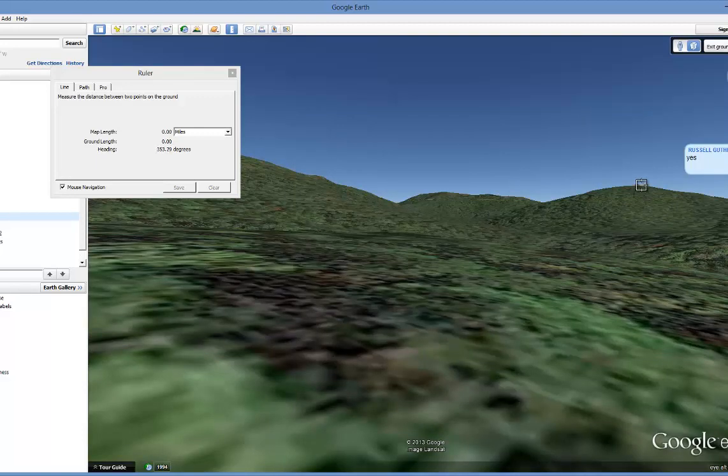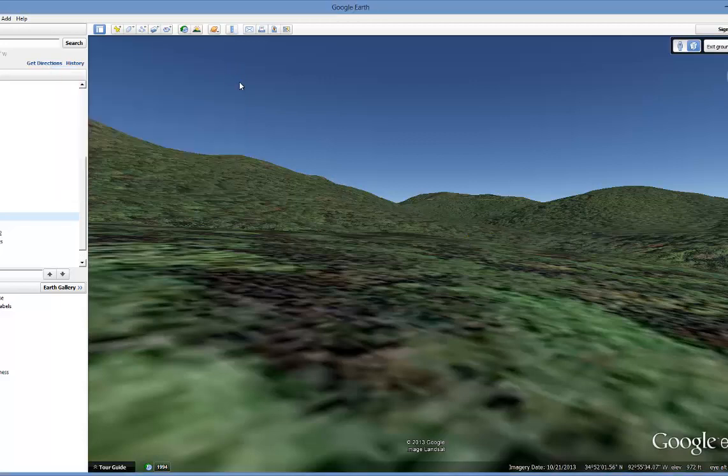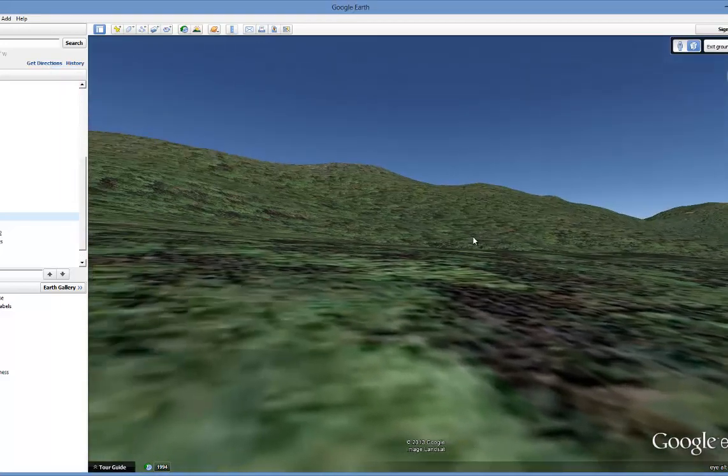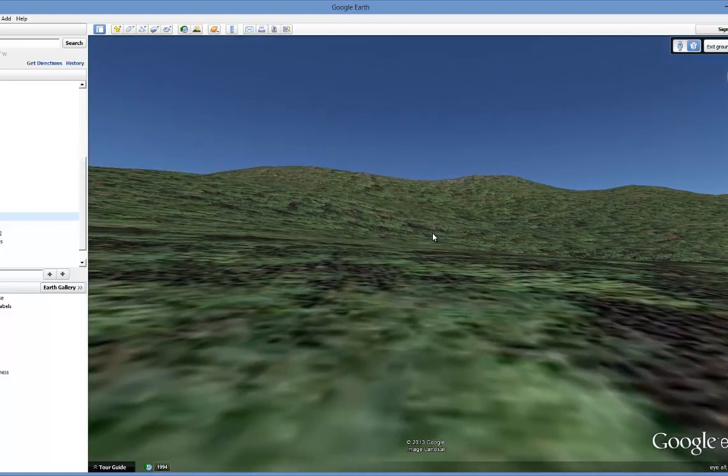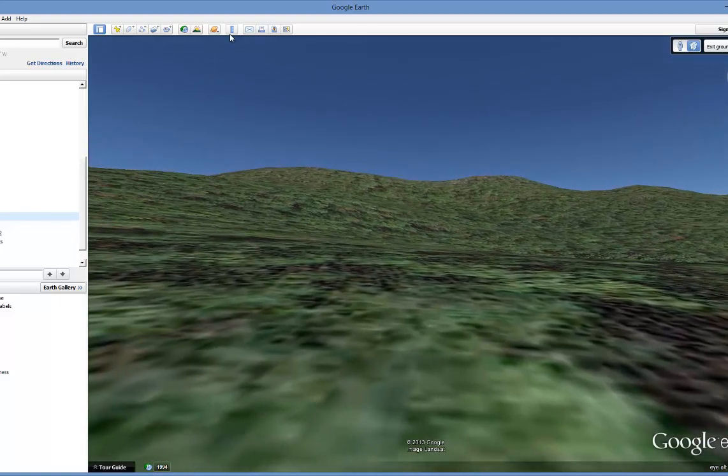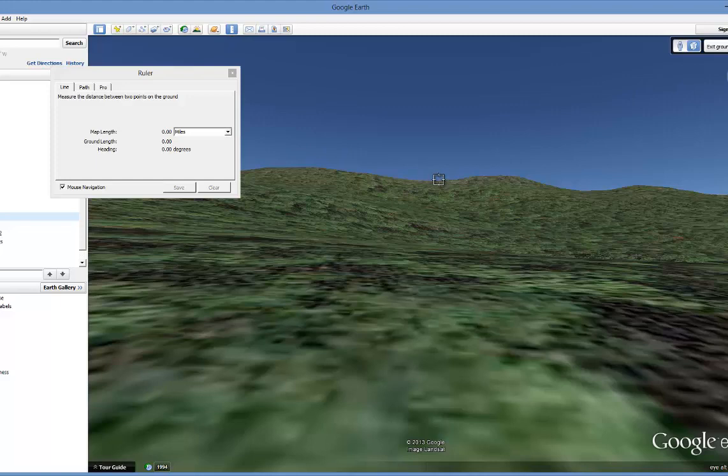Let me click. I don't know if I can. I guess I can't do this in ground view. Oh yeah, I can. I guess I'm clicking, I don't know what I'm clicking. I'm trying to measure how tall that hill is. These hills are massive anyways. For some reason I can't measure. I thought I could measure from the top of that hill to the bottom to show you how far it is down the hill.